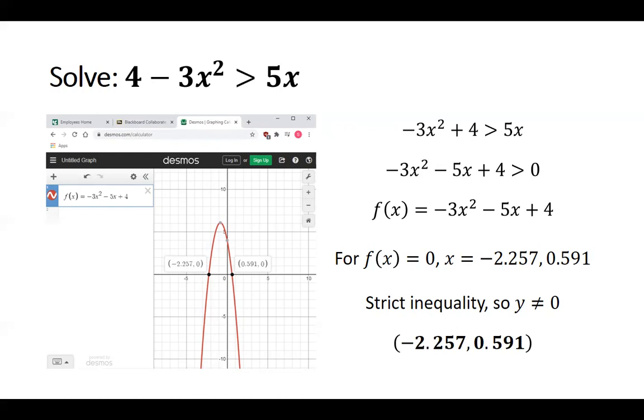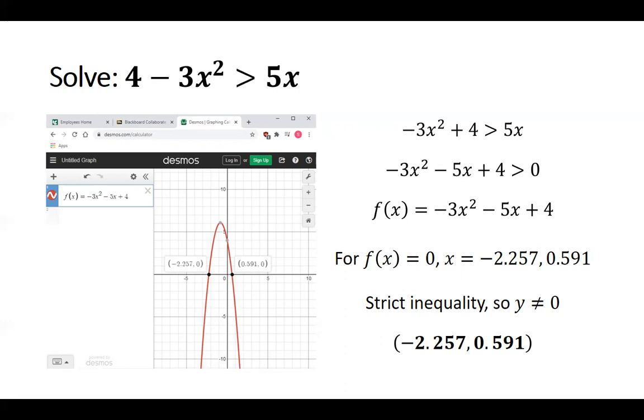And so it depends on what the question is. If it opens down and the vertex is below the x-axis, and we're asking when is it greater than 0, the answer is never. If we're asking when is it less than 0, all real numbers. So just keep that in mind and realize there doesn't necessarily have to be an x-intercept.